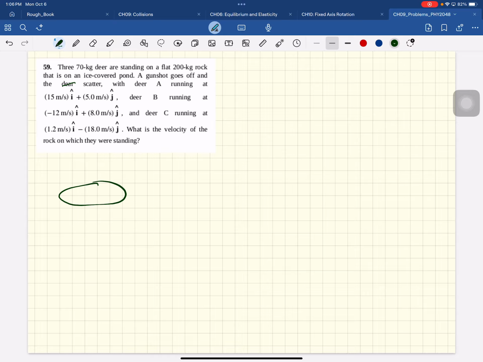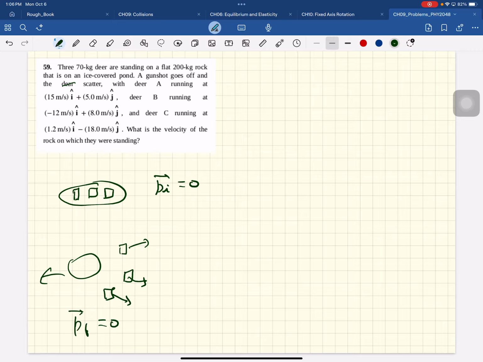So here are the 3 deer standing, and initial momentum is 0. And the rock goes this way. So the final momentum has to be 0. The final momentum is mass of the rock times velocity of the rock, plus mass of the deer times velocity. All the deer masses are the same.